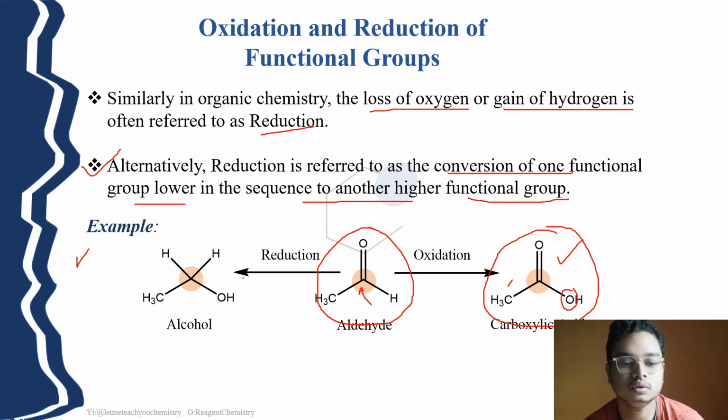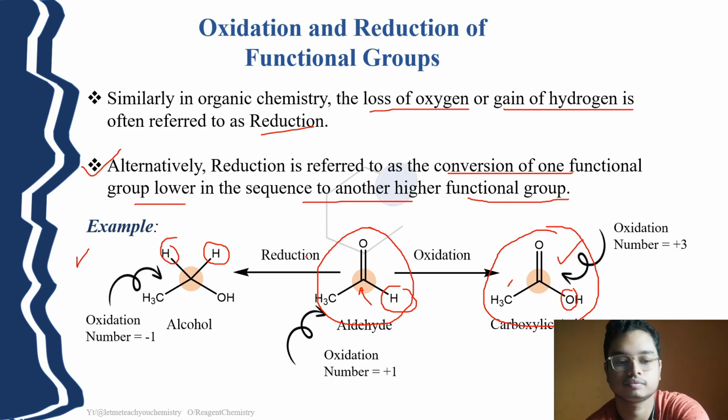Similarly, if we go the backward pathway, this particular oxygen is there, but here it is present in a double bond, while here this oxygen is present in a single bond. And also there is only one hydrogen here, but now here there are two hydrogens. That means this aldehyde, while going via this backward pathway, will gain hydrogen. That means reduction takes place.